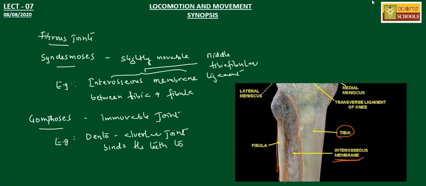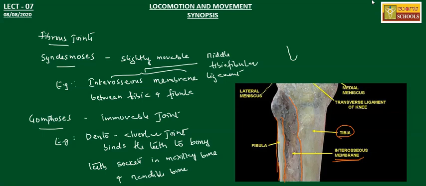to the bony teeth sockets in maxillary bone and mandible bone. So we know that maxillary bone is the upper jaw and the mandible is the lower jaw, and we have the sockets in those bones.